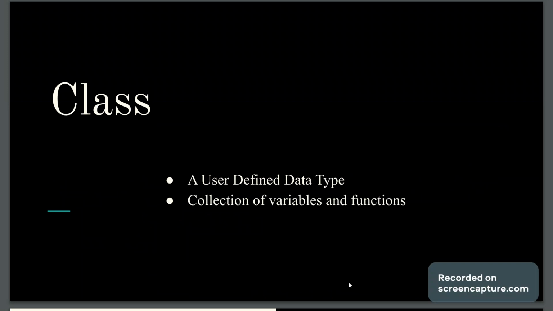Class is nothing but one entity having many properties, like a car is one entity having properties like model name, average, petrol or diesel, etc. So this is a user defined data type and it acts as a container in which we are grouping variables and functions in one unit.